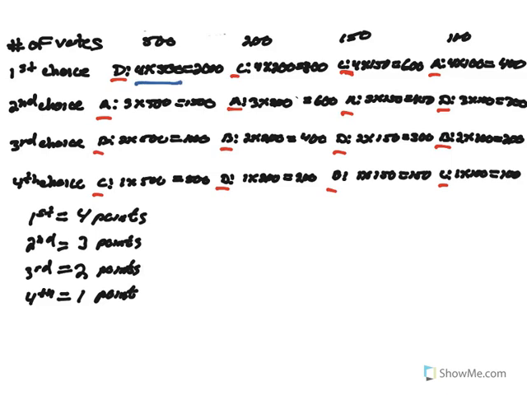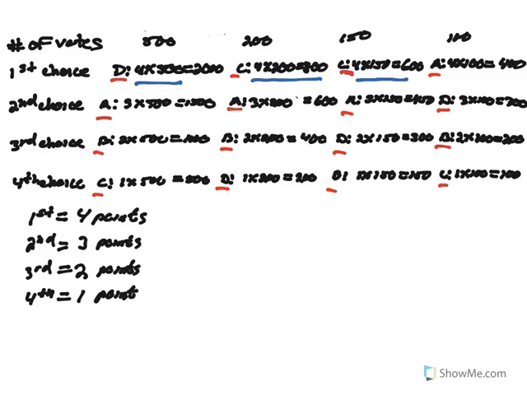Okay, and then if you look at the first choice for C, there's 200 votes, so we do 4 points times 200. Okay, and that gives you 800. And then of course it repeats again here. This C column is 150, assigned 4 points to that, and gives you 600.